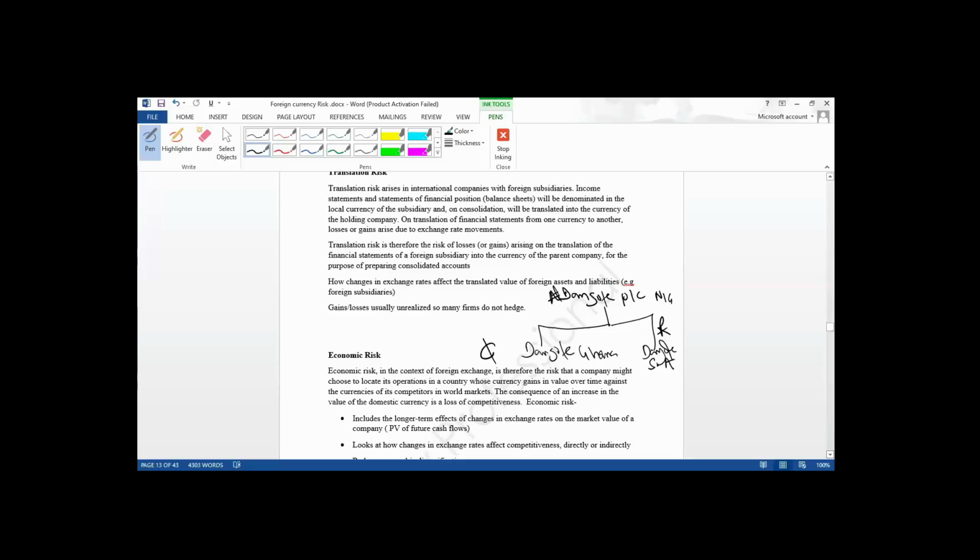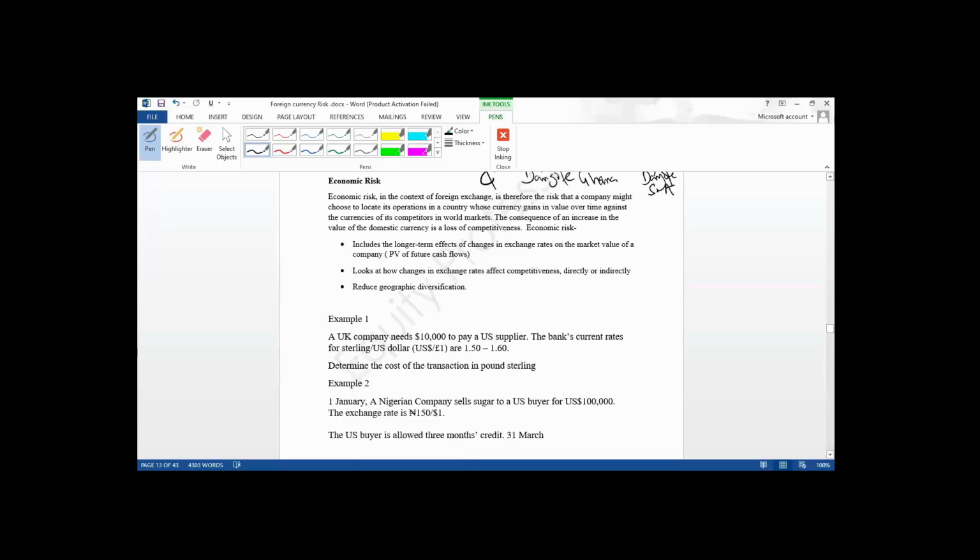Economic risk can affect remittances from foreign subsidiary to the parents. It can affect the ability of a company to compete with other companies in the world. Multinationals are exposed to economic risk.